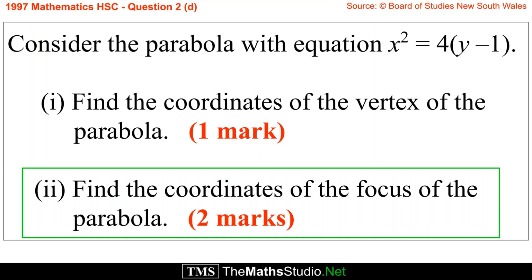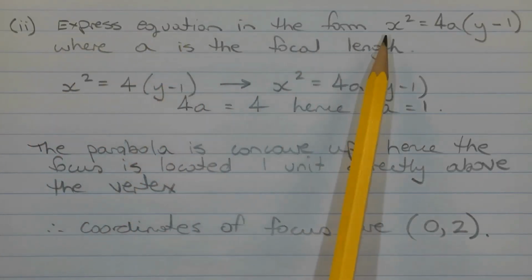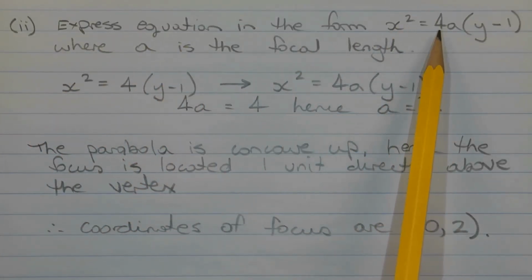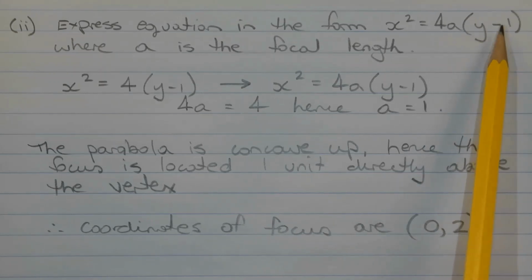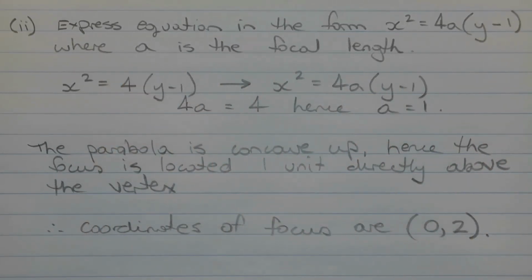Part 2. Find the coordinates of the focus of the parabola. Express the equation of the parabola in the form x squared equals 4a times (y minus 1), where a represents the focal length. That's the distance between the vertex and the focus.